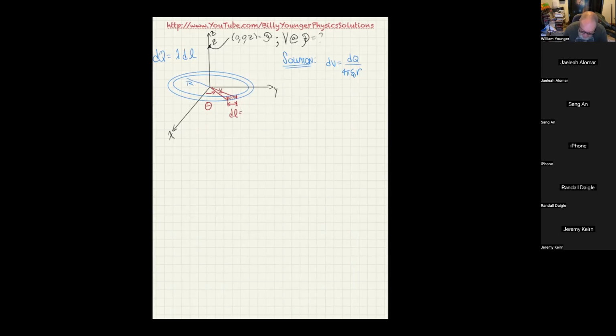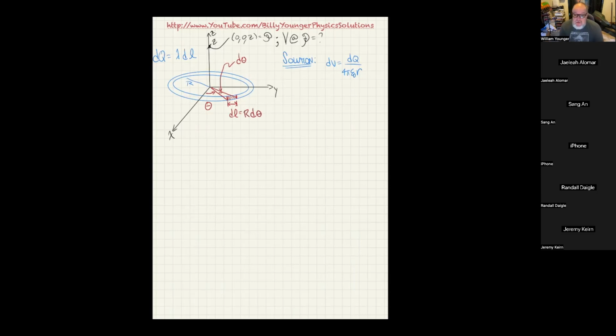So this angle right here is d theta. And of course, you can see that the radius of the hoop is the length of those little red lines. So dl must in fact be equal to r times the change in the angle, which is d theta.